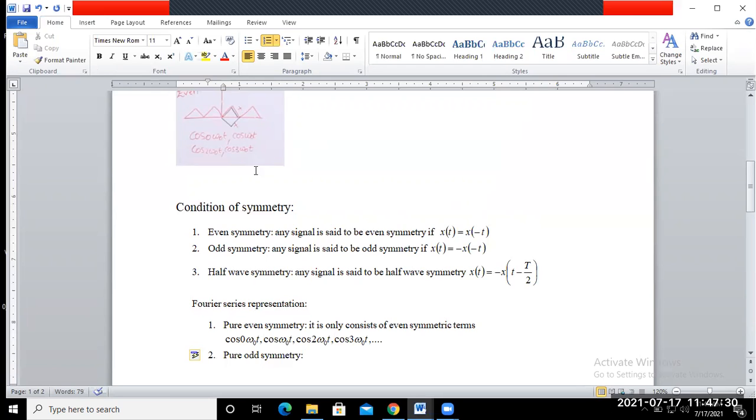That means sin 0 is 0, so not present here any constant term. All the terms are sine terms: sin omega naught t, sin 2 omega naught t, sin 3 omega naught t. So it consists of all sine components.